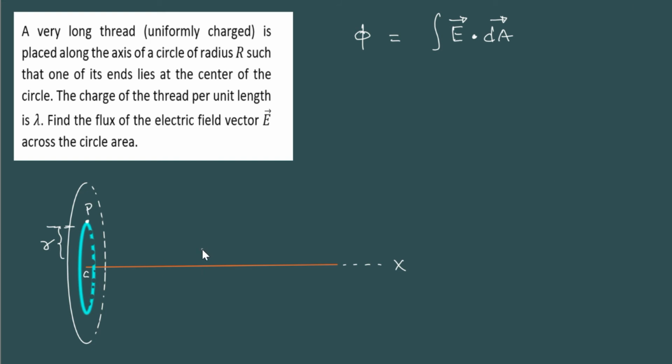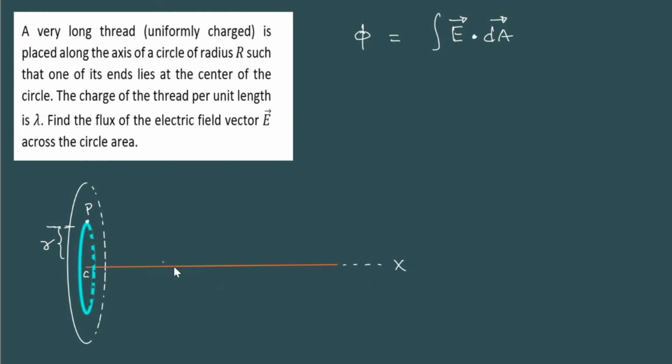I converted half of the ring into a dotted curve. The dotted curve, you can imagine, is on the other side of the board, and the solid curve is on this side of the board, and the wire is in the plane of the board.